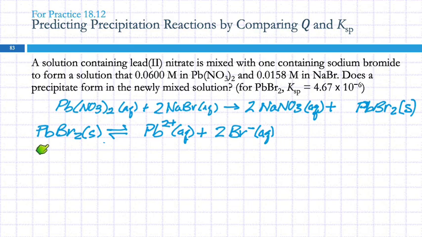So when this dissolves, I get 1 lead ion and 2 bromide ions. And so then KSP equals the concentration of the lead ion times what? Concentration of the bromide squared, yep, because of this 2.